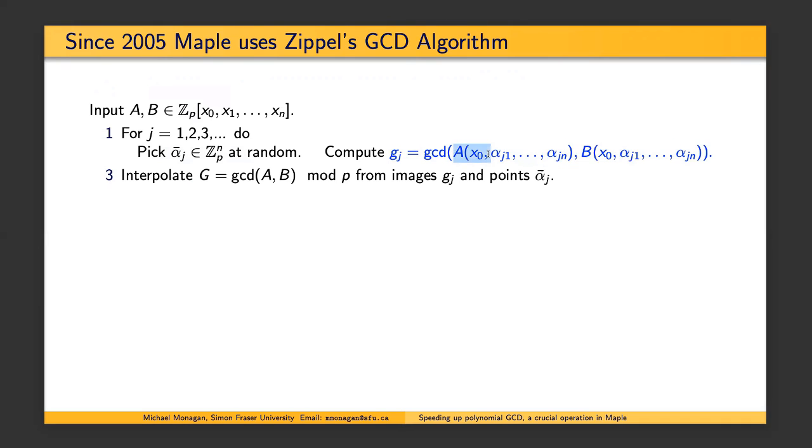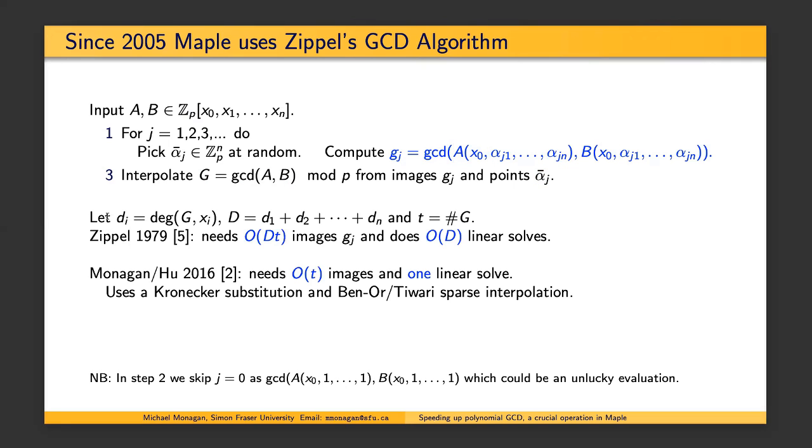And this is going to leave us with two polynomials in one variable. And then we compute that GCD using the Euclidean algorithm. So this is an image of our GCD, capital G. And then what we want to do is interpolate. We want to interpolate the GCD that we're trying to compute using these images with the points, the vectors alpha j.